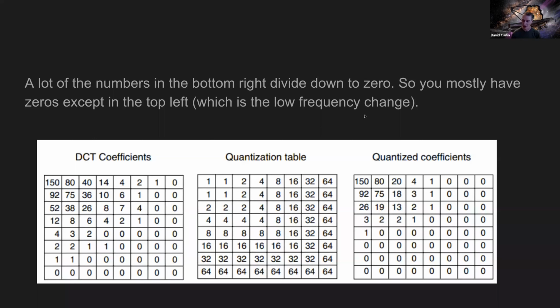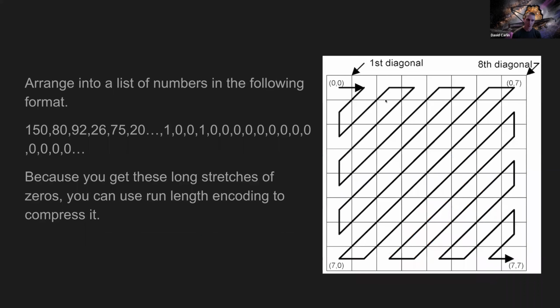What is the value in having a bunch of zeros over here? The value is that you can compress a bunch of zeros together pretty easily. So you arrange the numbers in a list with this zigzag crisscross pattern, which puts all of your non-zero numbers, or most of them, at the start, and at the end, you have a lot of zeros.